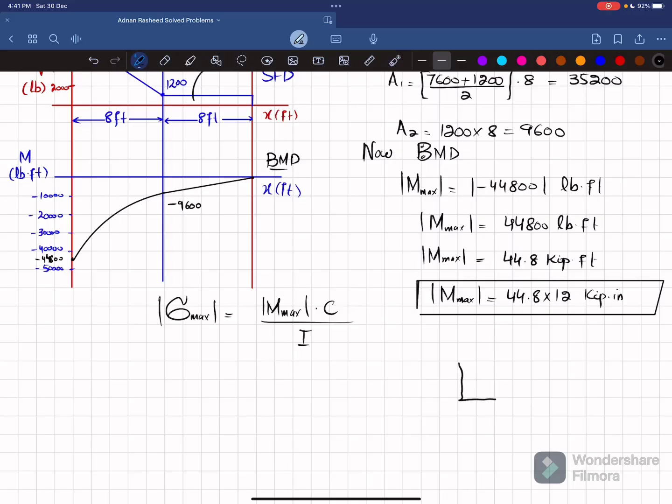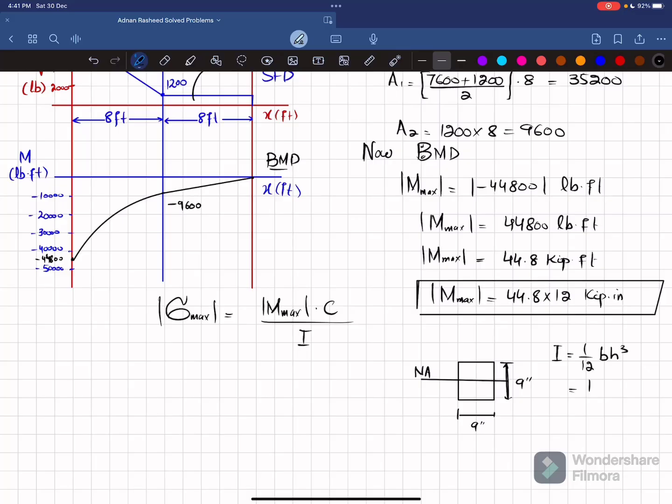Since we have been given a square cross section of 9 by 9, this is 9 inch and this height is also 9 inch. So we will find the moment of inertia for this beam, and if we take the half of this, it will be its neutral axis NA. I for a rectangular or square section is 1 over 12 BH cube.